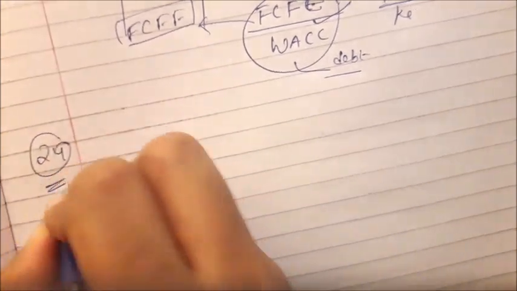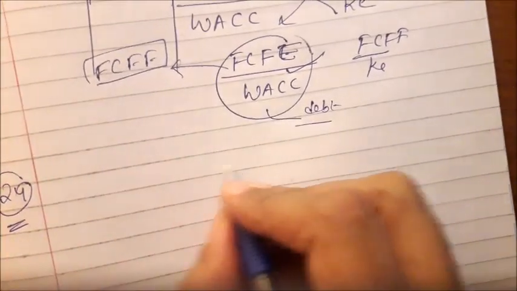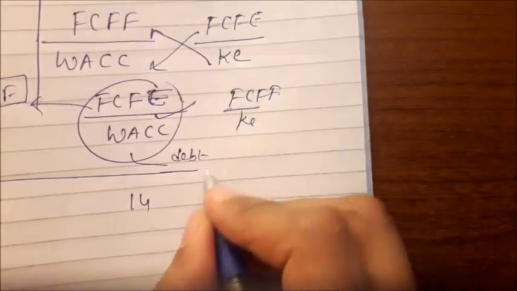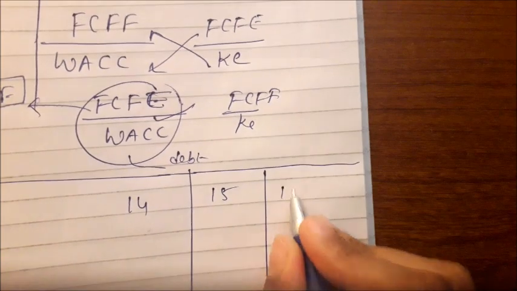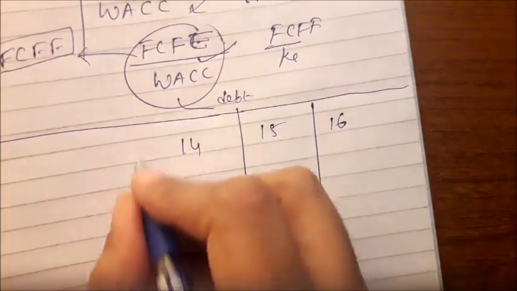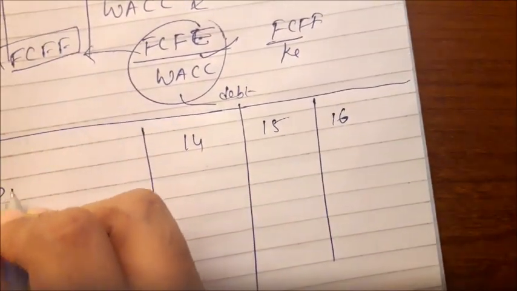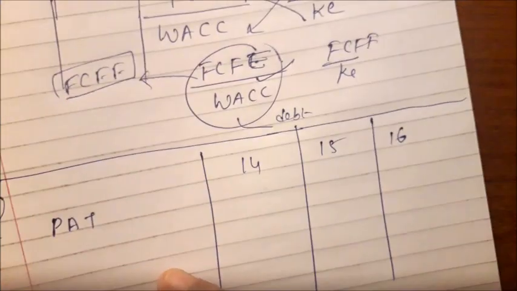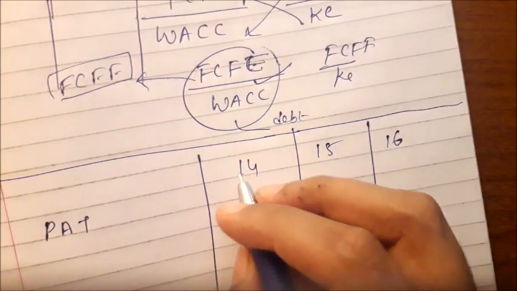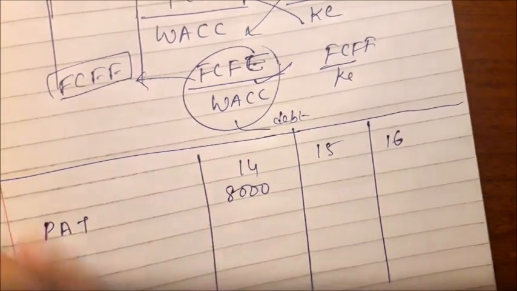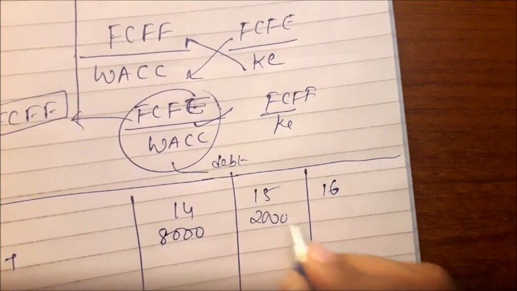In illustration 24, we are having 3 years, 14, 15 and 16th year. For profit after tax, there is no tax percentage in the question, so the net profit is to be taken as profit after tax: 8,000, 2,000, 16,000.